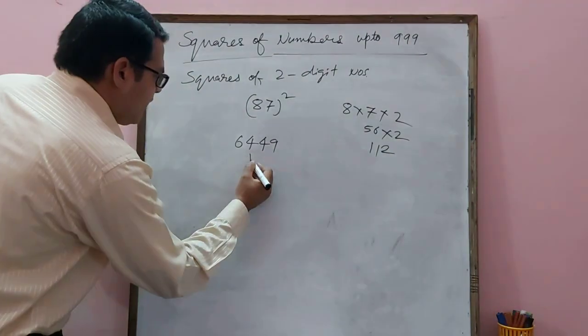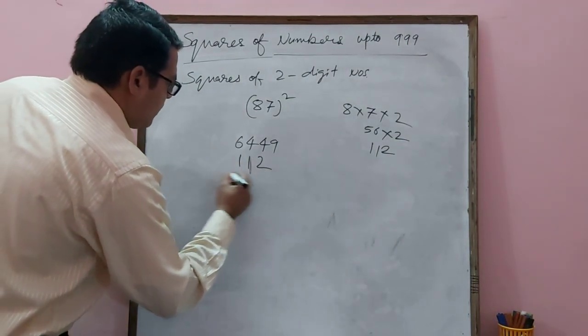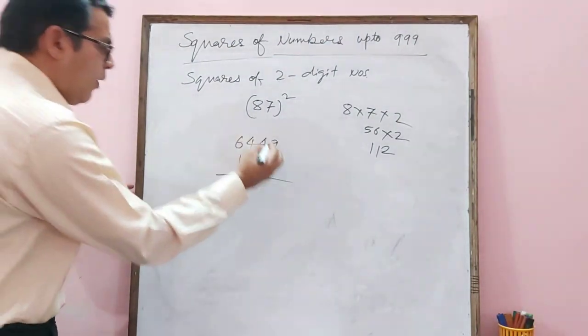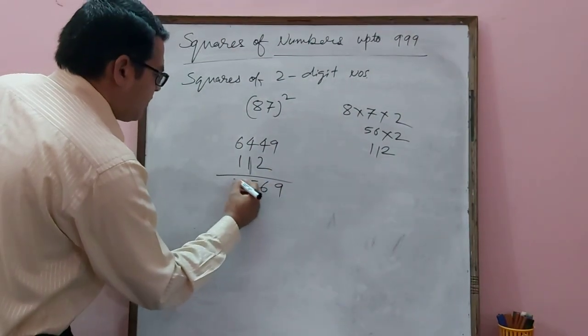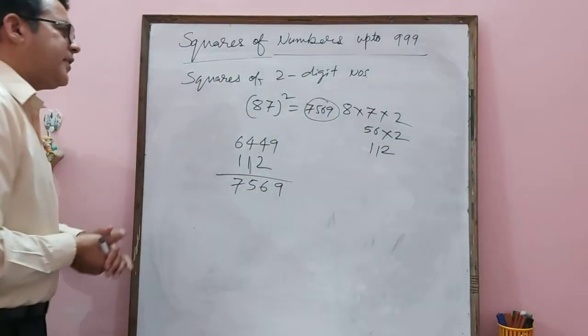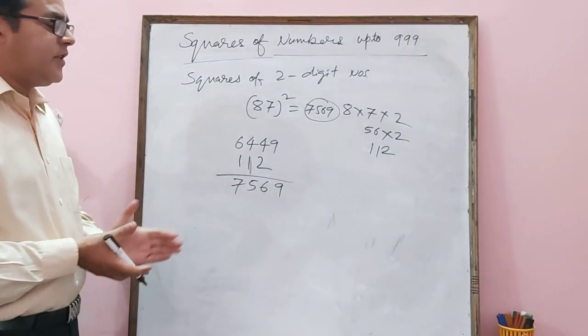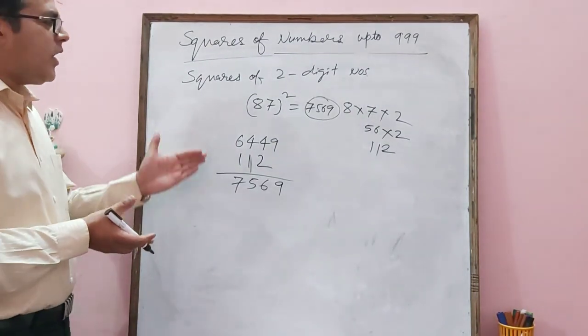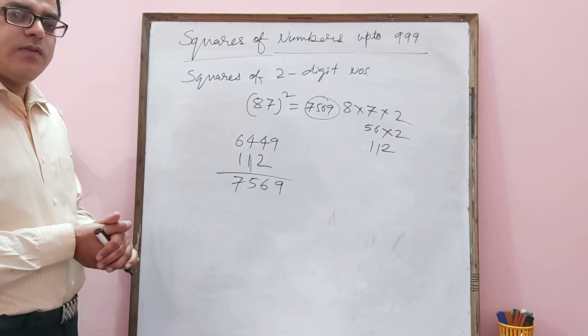So write here 112, after leaving the unit place. This is very important. Now add all these together: 6, 5 and 7. So 7569. This is the square of 87. This is very simple, very interesting also. Without much calculation we are able to find squares of the numbers.